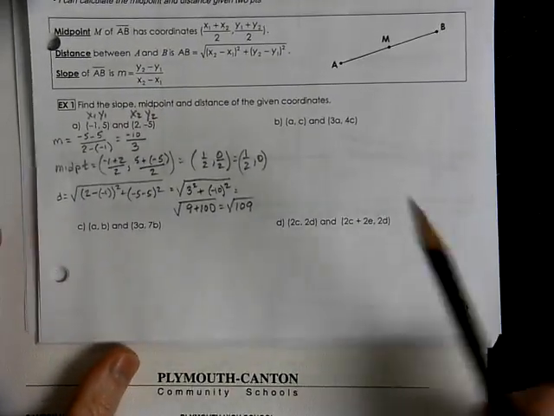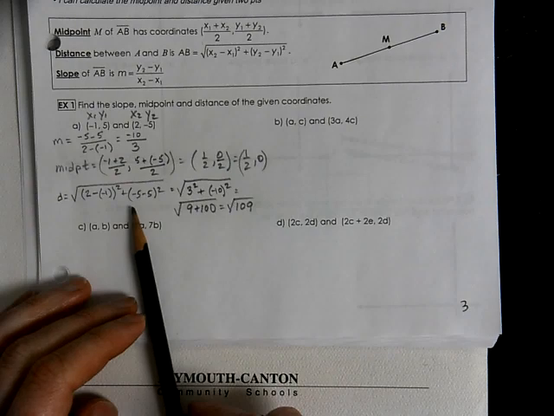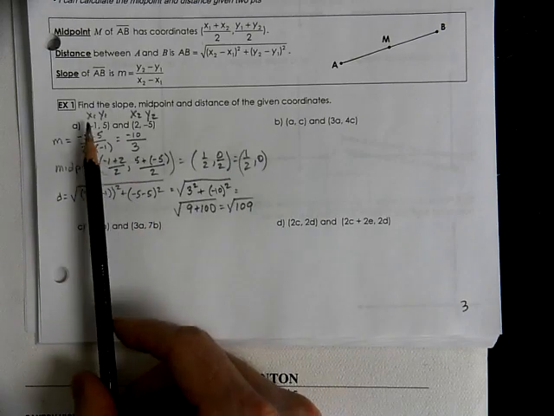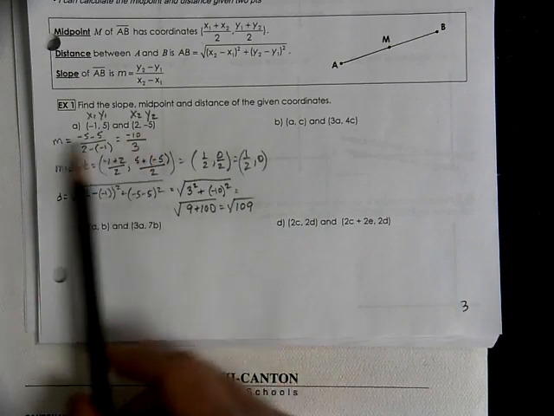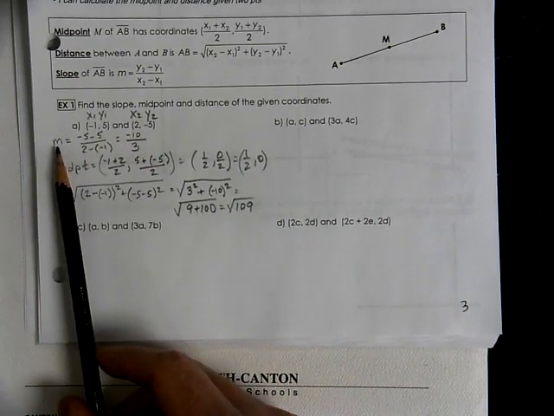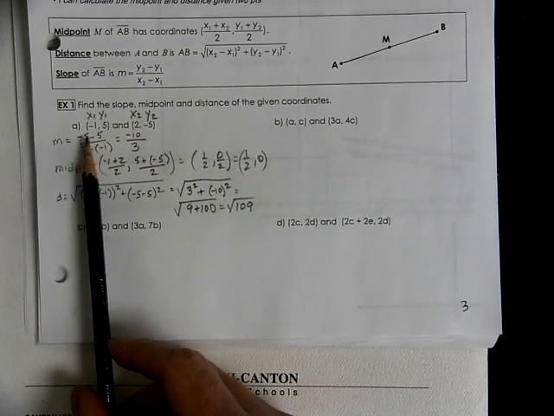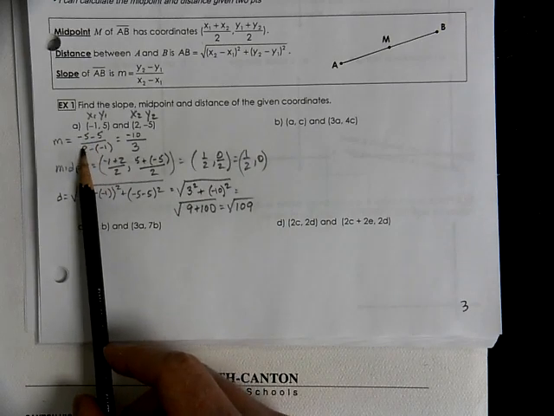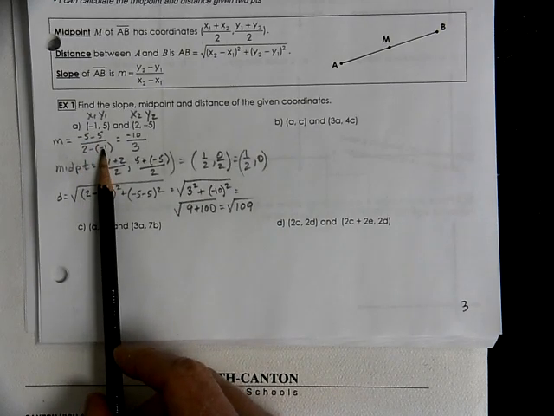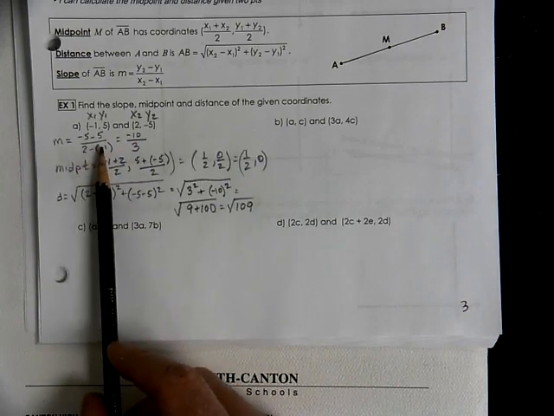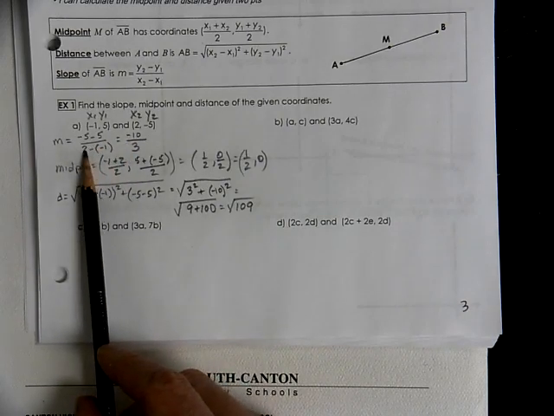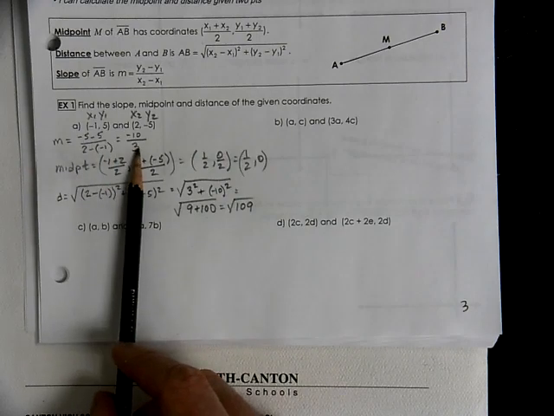Our first example I have completed. We use numbers. So we took our x1, y1, x2, y2, plugged it into our slope formula, y2 minus y1, x2 minus x1. Did our calculations. 2 minus a negative is actually 2 plus 1, which is 3.